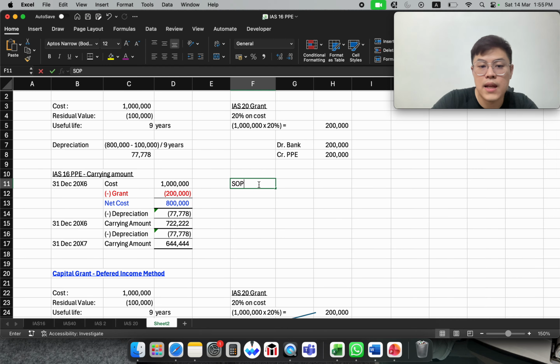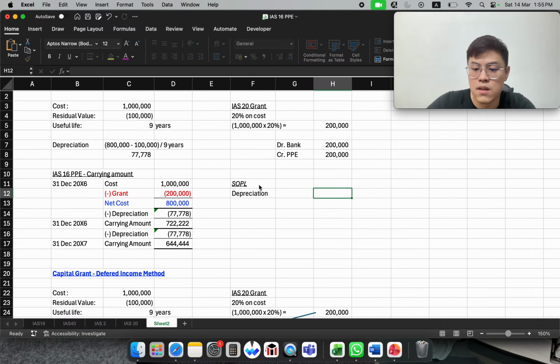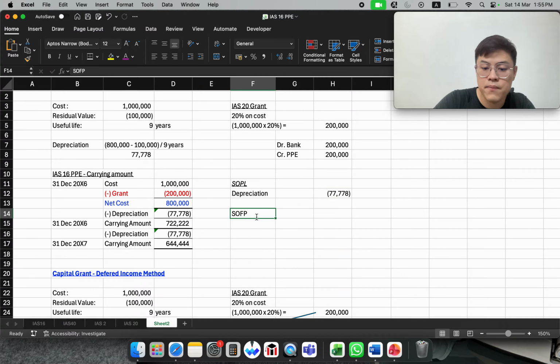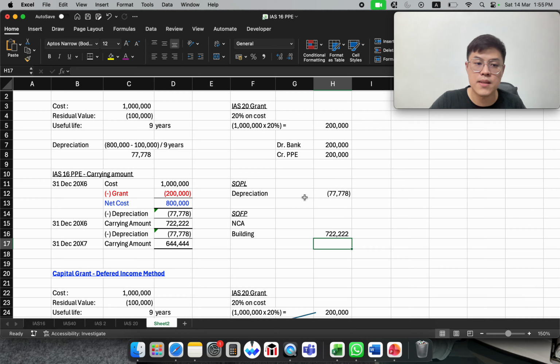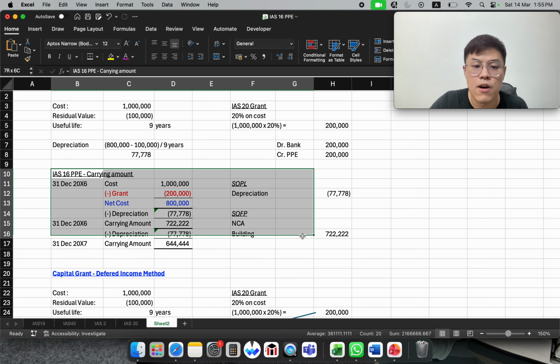You just put it under SOPL, under depreciation as 77,000, and under SOFP, your NCA building as 1277k. So it's very simple if you are using the net off method.